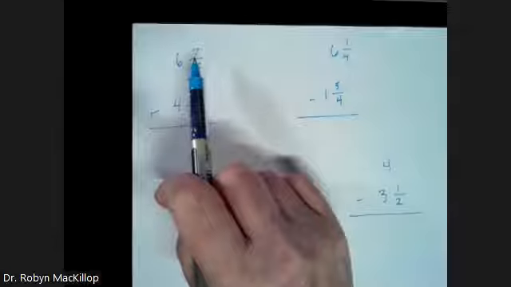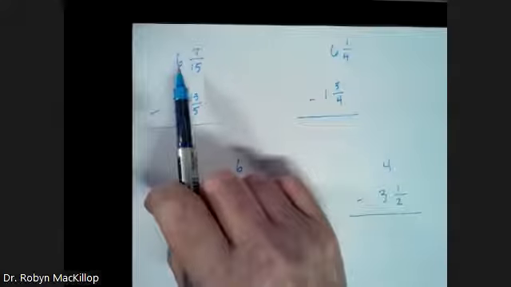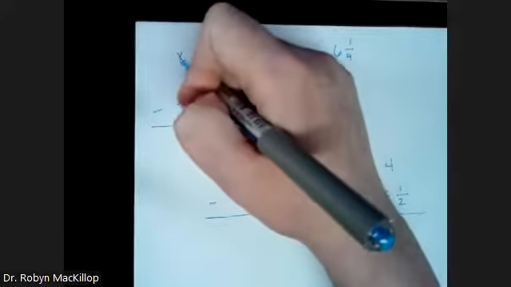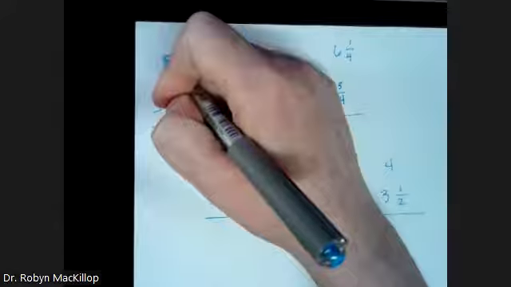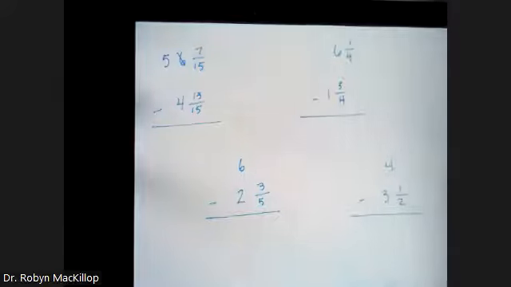So we need to get the 7 into a bigger number. How do we do that? We're going to borrow 1 from the 6. So we're going to take away 1. That becomes 5. And any fraction, a number over itself, equals 1.